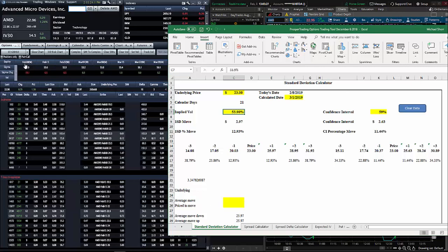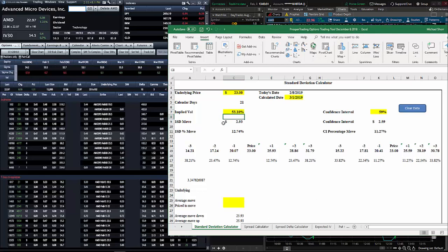Essentially, it's right here, every expiration, and then right below it is what the implied volatility is at the money. You can approximate it. If you don't have this, you can look at the strikes that are around that and do some interpolation, but this actually gives you the exact at-the-money volatility. And this happened to be 53.1%.